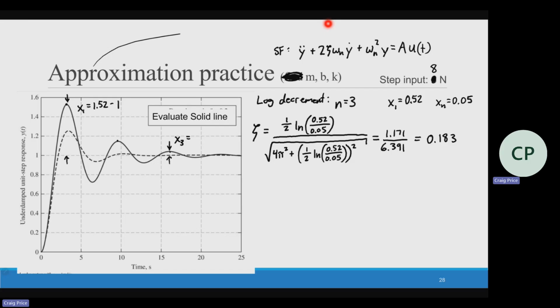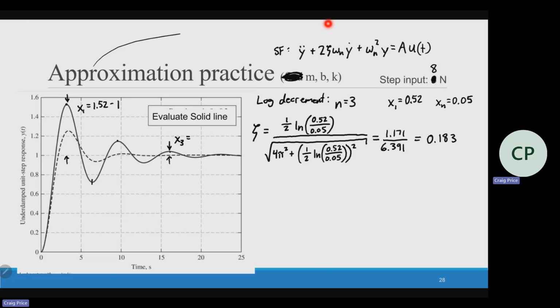The next step we want to find is the other thing that's a part of that, the natural frequency. Now, on the equation sheet, natural frequency is related to the damped frequency.